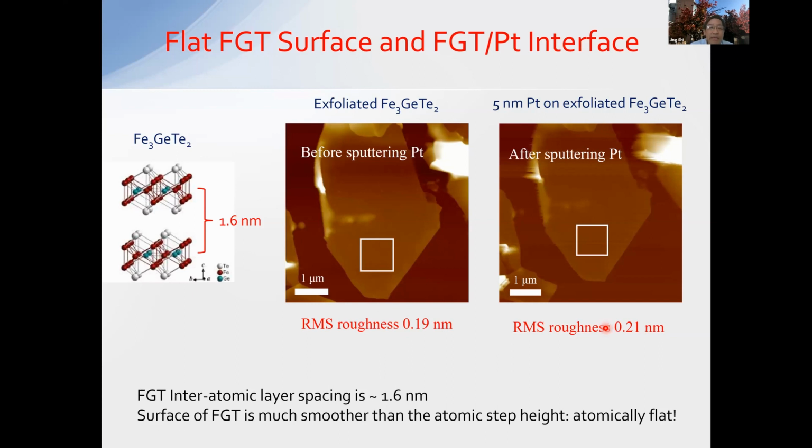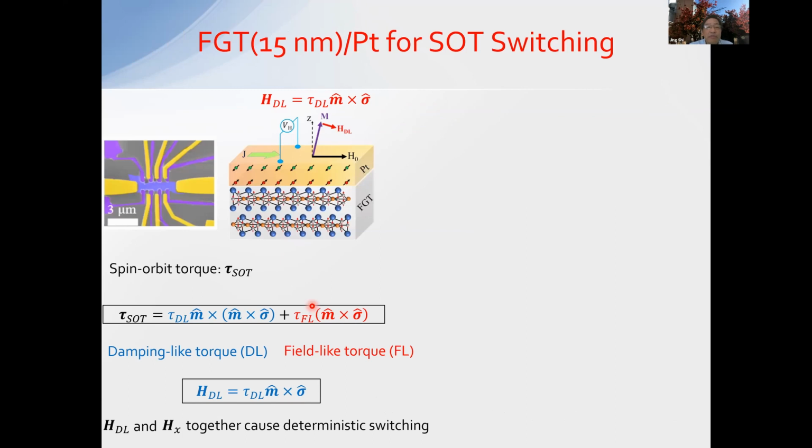Compared to the 16 angstrom interlayer unit, we don't see any atomic steps. So we don't see any extra or missing atomic layer on the surface. We claim this surface of FGT is atomically flat, in the sense that we have no missing atomic layer or extra layer anywhere on the surface.